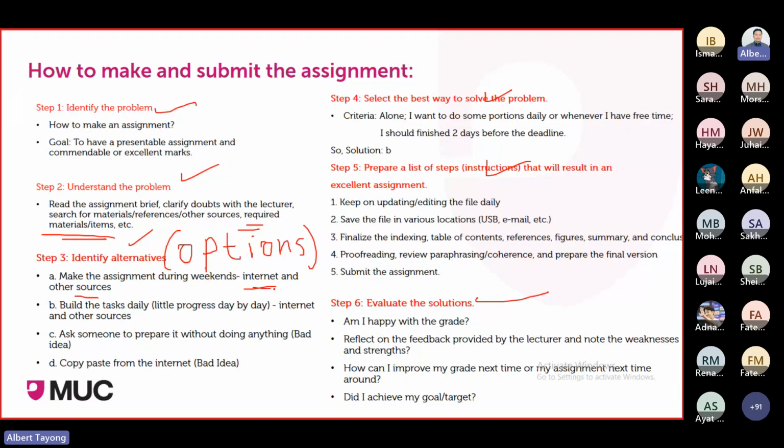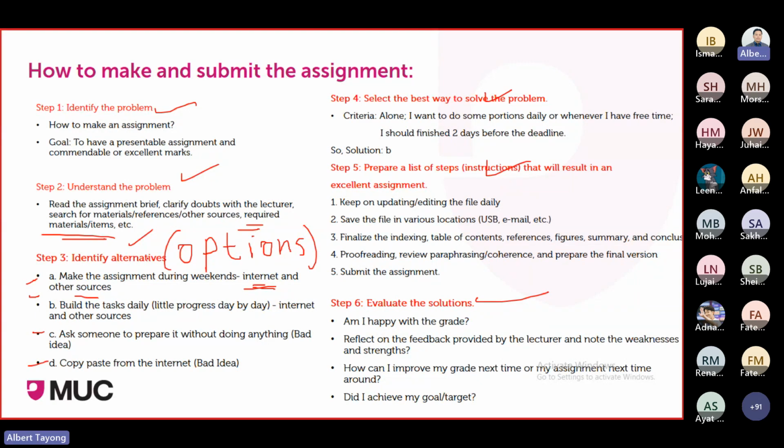Of course, nowadays we cannot go away from internet, and build the task daily, but it's little progress day by day, internet and other sources. Ask someone to prepare it without doing anything is a bad idea, and copy paste from the internet, this is also a bad idea. Okay, so these are just possible options.